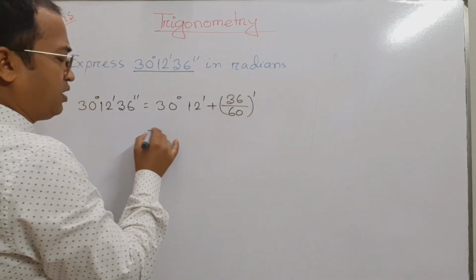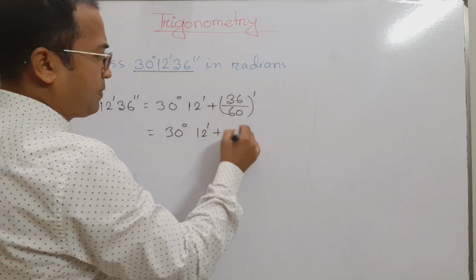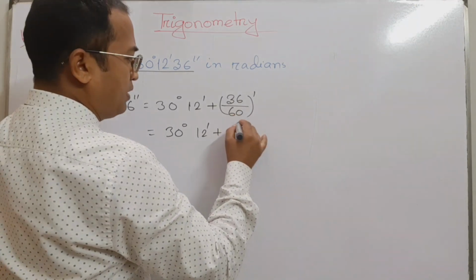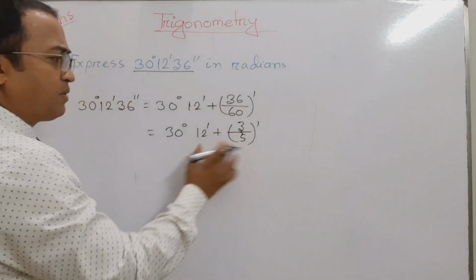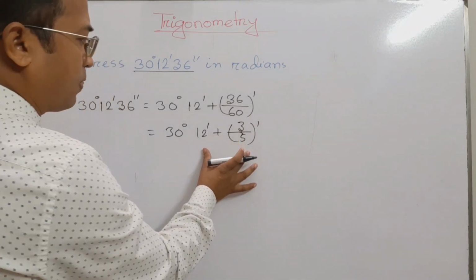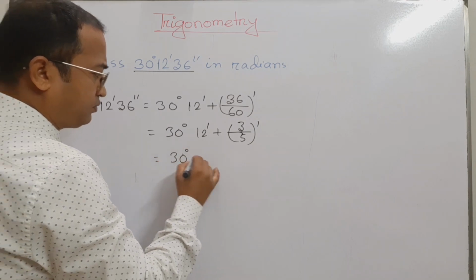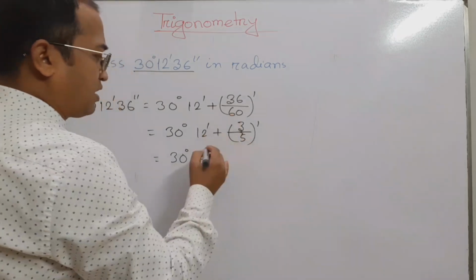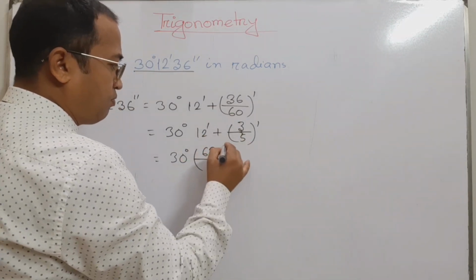So what it will be? It will be 30 degree 12 plus, if you cancel it, 3 by 5 minute. Look, these two are minute. Now we can add these two. If we add these two, it will be 30 degree and 5 12s are 60, 63 by 5 minute.